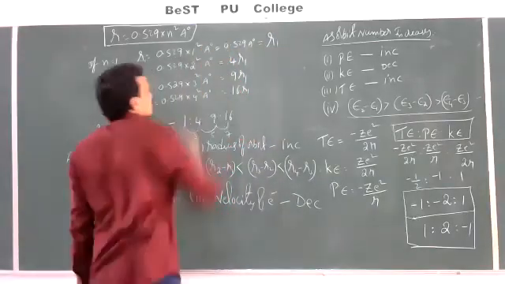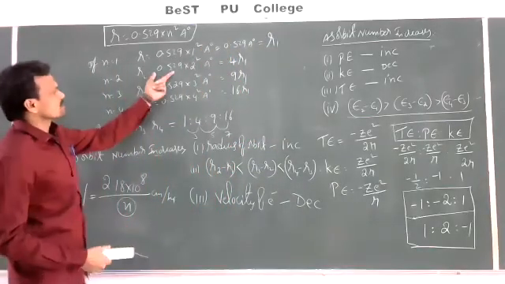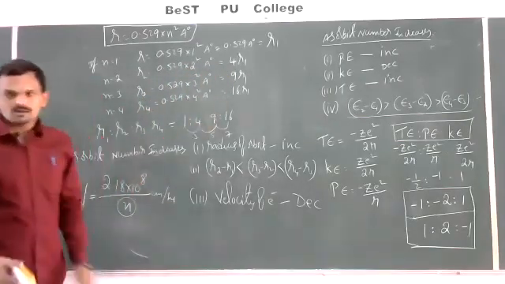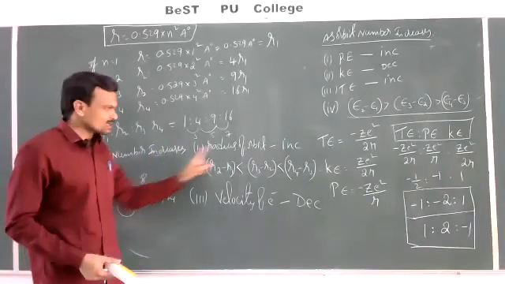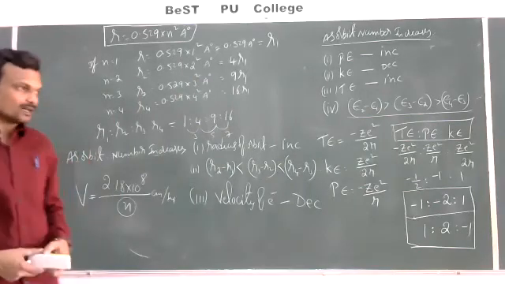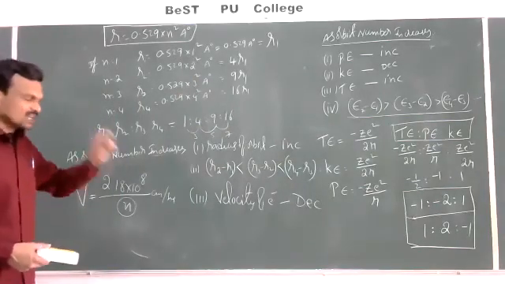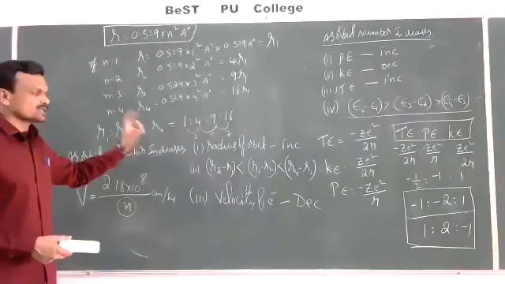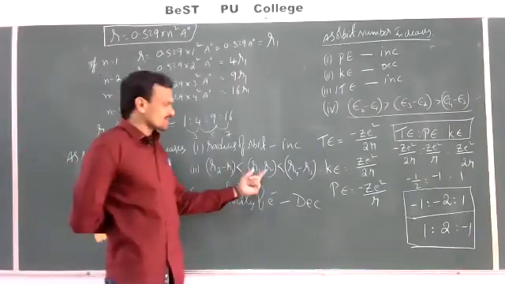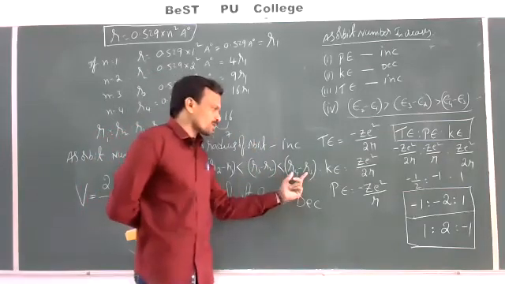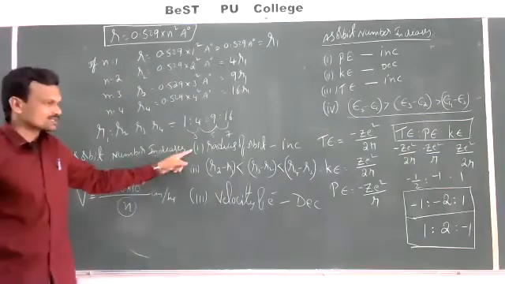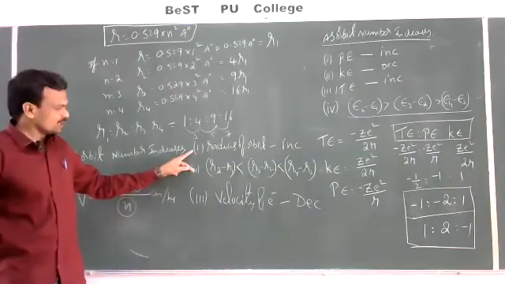Then second orbit is 4R1, third one 9R1, fourth one 16R1. So as orbit number increases, the radius of the orbit increases, but the difference between the two successive radii also increases. R2 minus R1 is less than R3 minus R2, which is less than R4 minus R3, and so on. Radius increases, difference between the radii also increases.